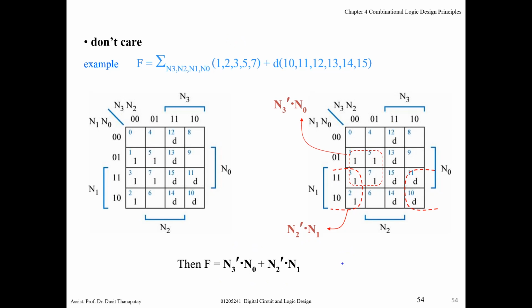For example, for this don't care, the corresponding input is 1, 0, 1, 1. If you apply 1, 0, 1, 1 in this term, it will give what? N3 is 1, N2 is 0, 1, 1. Then it becomes 0 or 1?